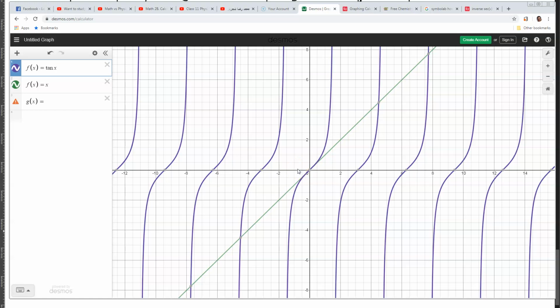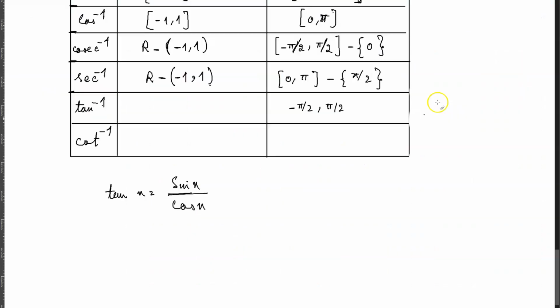Well, you can see that basically the range of this function is R, so therefore the domain of the tan inverse function becomes R, meaning that over here you will have R. And this is the closed interval of negative pi by 2 to pi by 2.